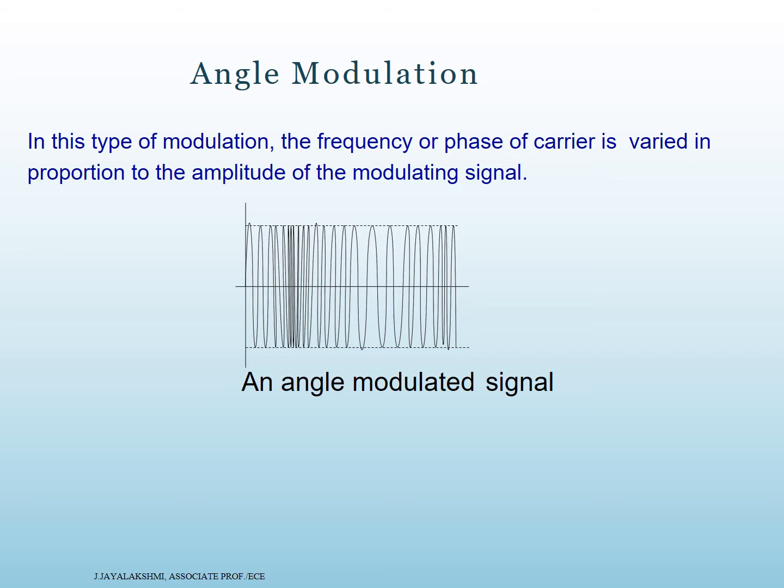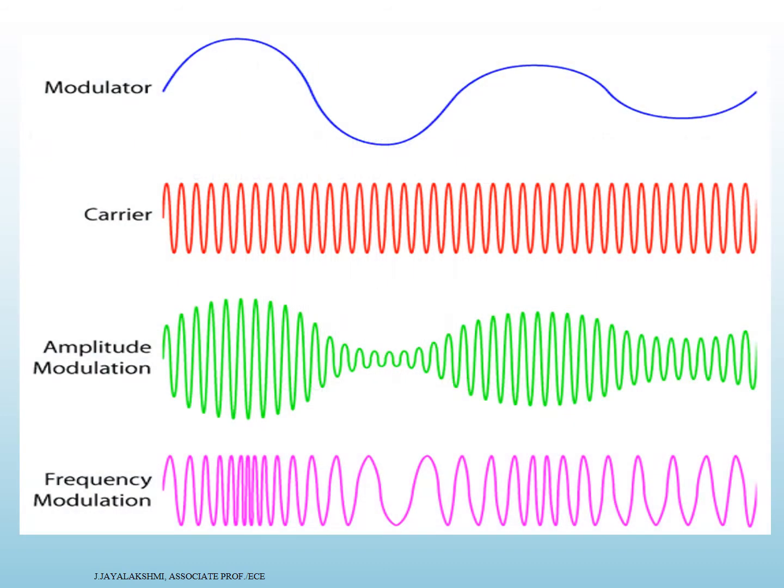Suppose you vary only the frequency, then it results in frequency modulation, and if you vary the phase of the carrier in accordance with the amplitude of the modulating signal, then it is called phase modulation.